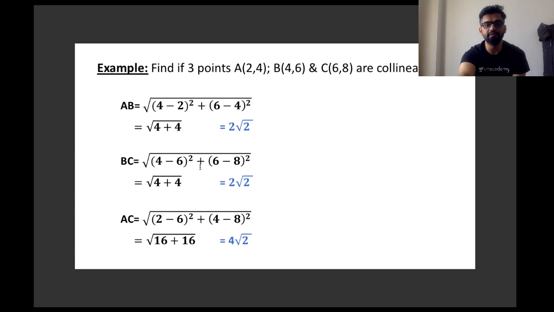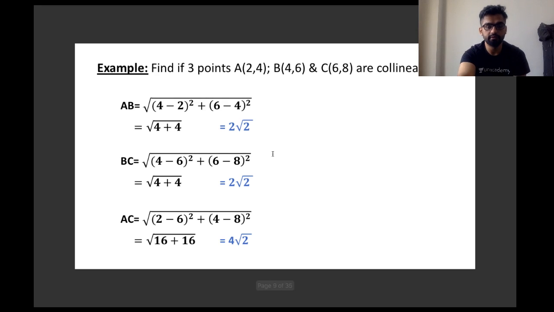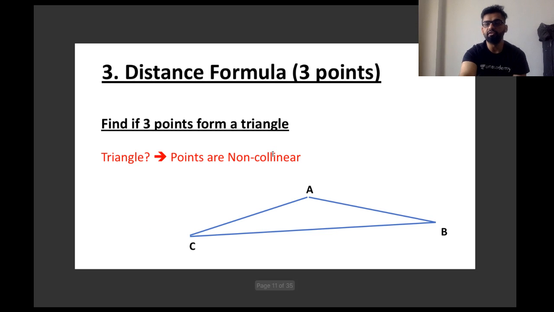AB is 2 root 2, BC is 2 root 2, and AC is turning out to be the sum of AB and BC. That means A, B, C lie on the same line, with A and C on the extreme ends, and B in the middle, in between A and C. So this is going to be B, this is not going to be C here. Right? Chaliye. This is one of the ways to find out if 3 points are collinear or not.